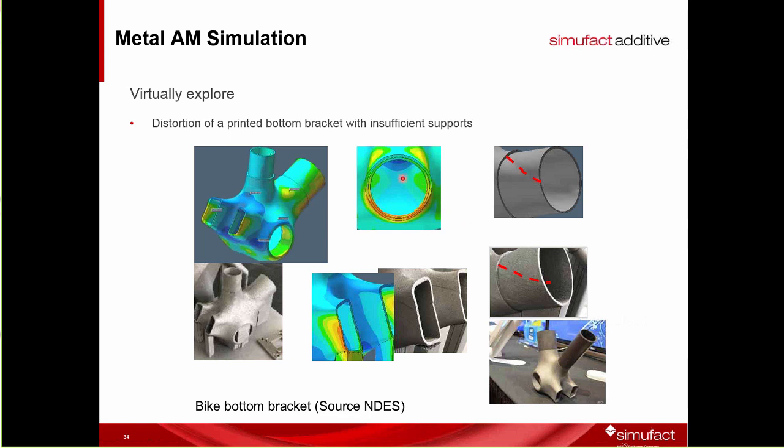But what it can absolutely do for you is basically say, clearly I didn't have enough supports, my circular tube turned into an ovalized tube. Clearly in this particular part here, where I wanted a straight segment, it's predicting more distortion in this area, which exactly matches where the distortion is.